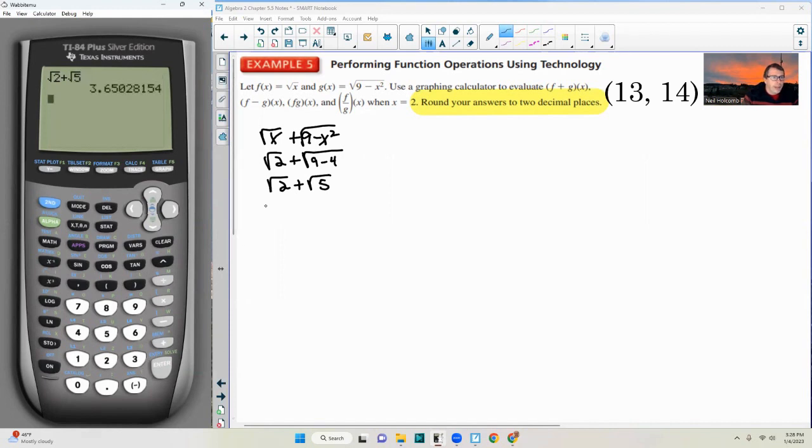Enter. That is approximately 3.6, and then look at your third decimal place, less than 5. You just cut it off. 3.65. Okay. So that's f plus g of 2. So I should write that. f plus g of 2 is approximately 3.65.